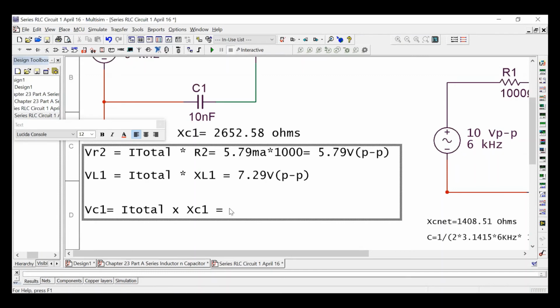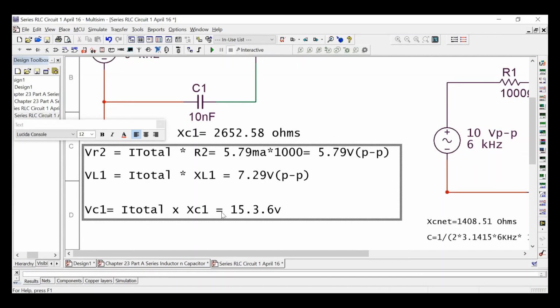Can you tell me what you get for VC1? I got 15.36 volts. For X of C1? Yep. I'm going to check that. It was 3.6. Yeah, I actually got that too.